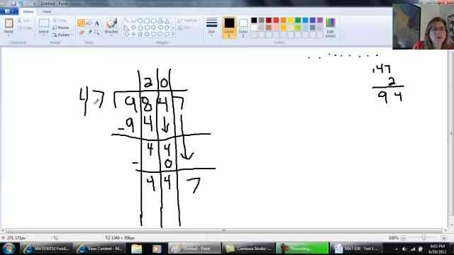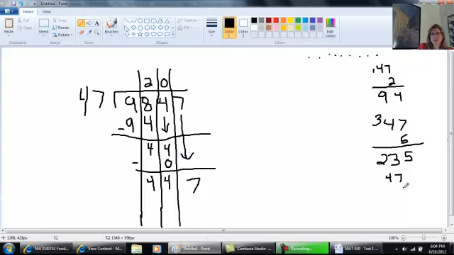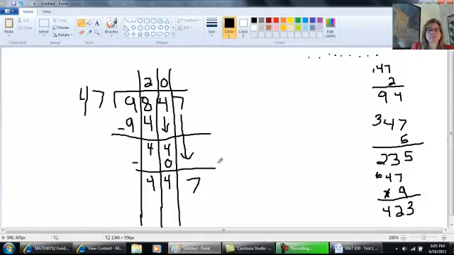Okay, now we're asking the question, does 47 go into 447? Well, it sure does, quite a bit. Okay, let's go crazy here. 47 is very close to 50. So if I think of it as 450, 50 goes into 450 9 times. Let's try 9 and see if that works. So 9 times 47 is 423. I think that's going to work.